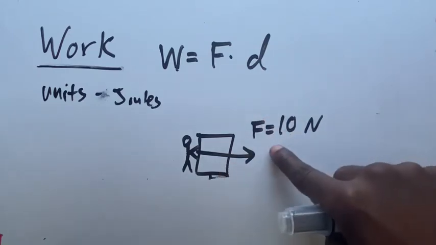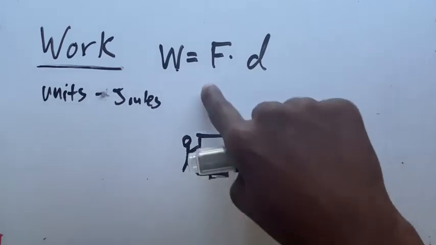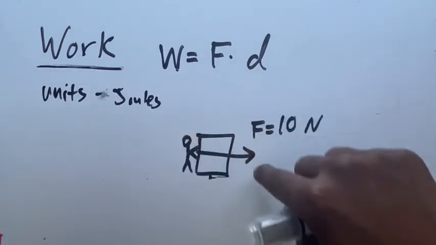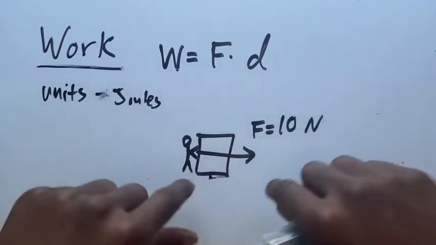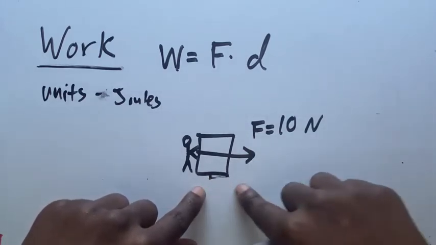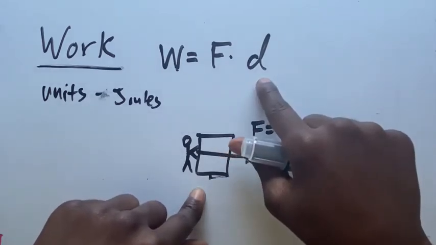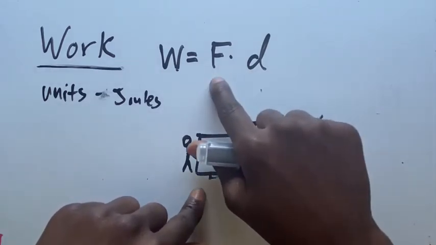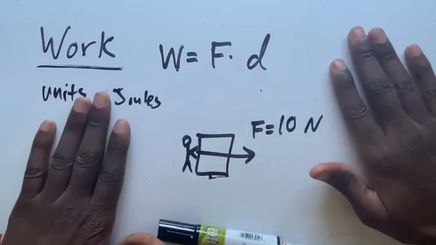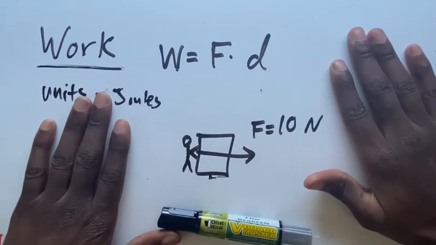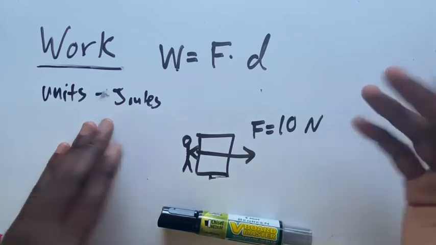So even though you applied some force, since the box doesn't move, the amount of work that you did is going to be 0. So there has to be some movement, basically some distance due to the force applied, for there to be some kind of work. So if I push downwards on my board here, no matter how hard I push it, if the board doesn't move, the amount of work that I apply is going to be 0.